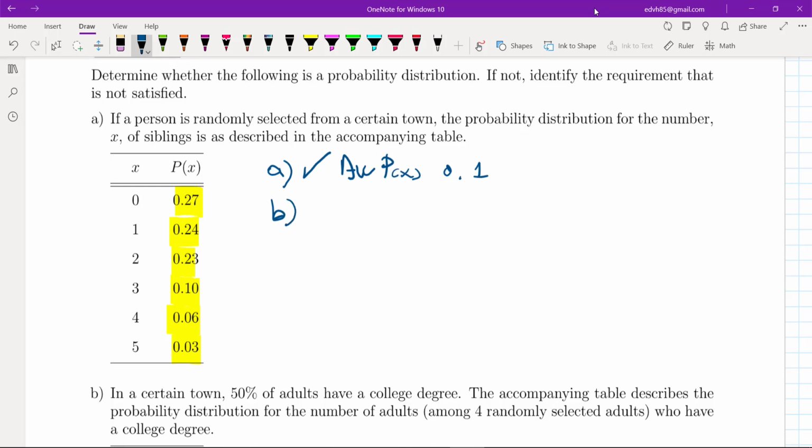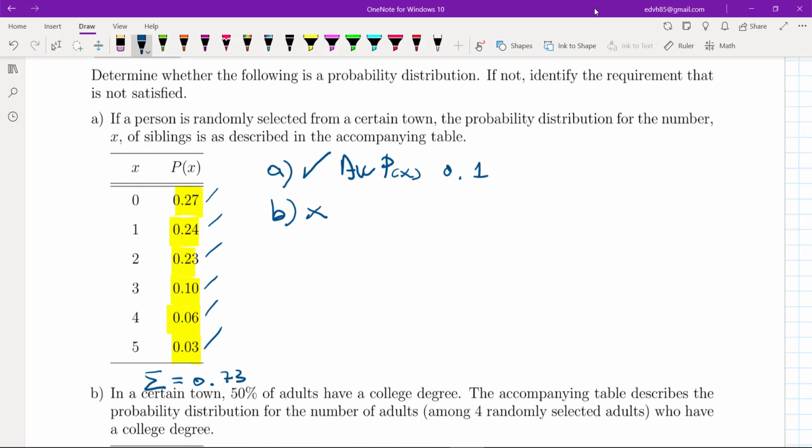But in this case, letter B is not going to be met because if you add all these numbers, the sum equals 0.73.